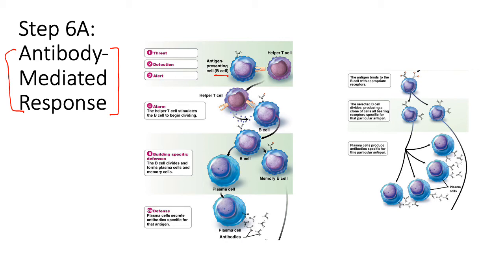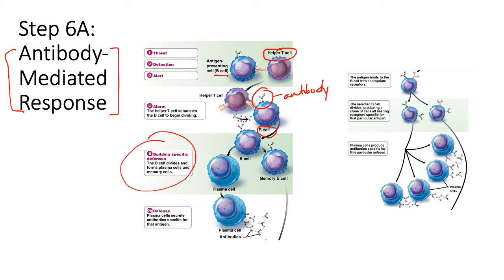Once this helper T cell has stimulated our B cell, the helper T cell is purple in this diagram and our B cell is blue. We can see its antibody on the surface here. Once this B cell has been activated, it's going to divide.